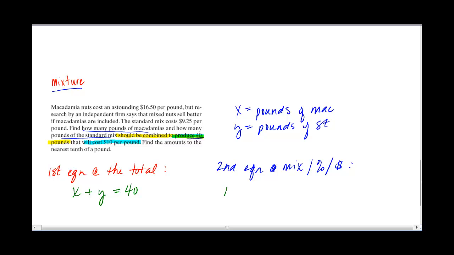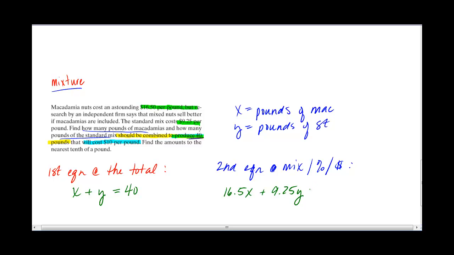If it costs me $16.50 per pound for macadamias, so $16.50 for the macadamias, plus $9.25 for the standard.